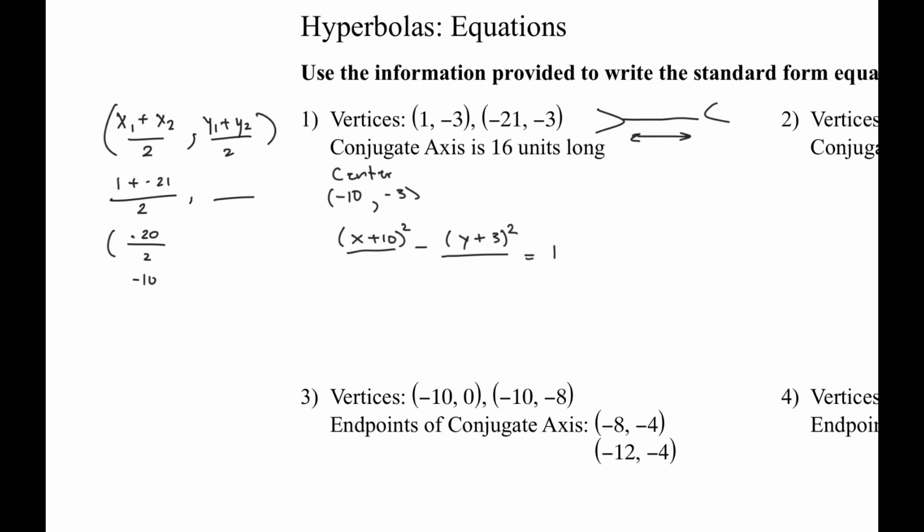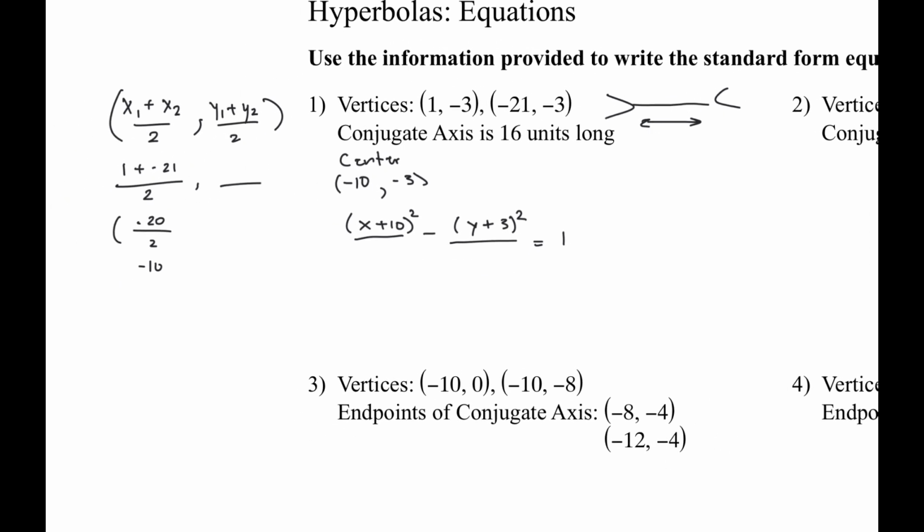Good news is we already know what a squared is. How far is it from my vertex to my center? I can look at any one of my 2 vertices and do some subtraction: 1 minus -10.